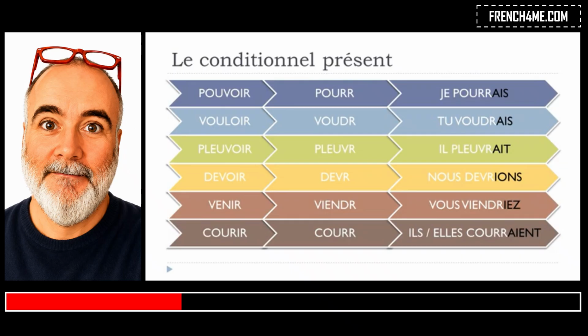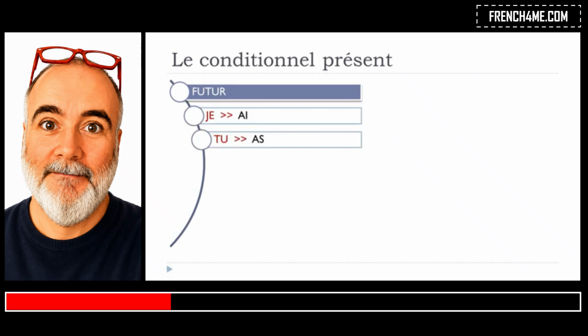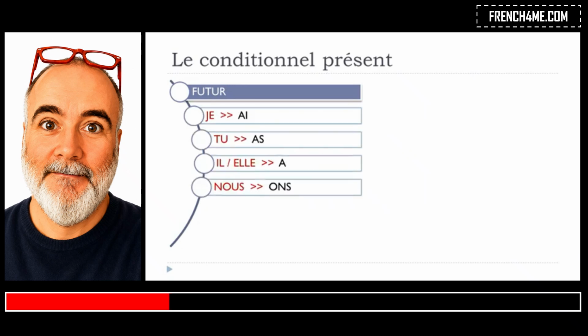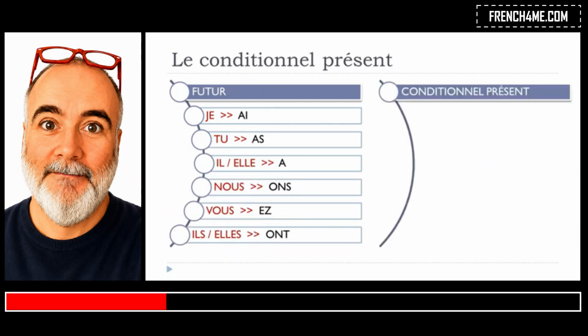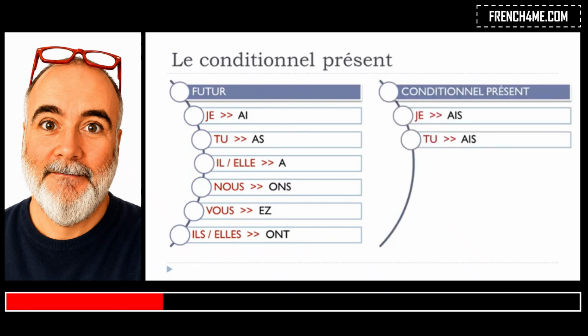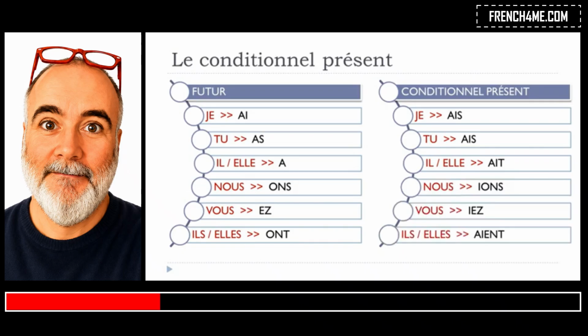All right, so it was the first thing regarding the conditionnel présent, and as I said, it's quite close to the future. The important thing is to remember that the endings for the future are AI, AS, A, ONS, EZ, ONT. But for the conditionnel présent, it was AIS, AIS, AIT, IONS, IEZ, AIENT.